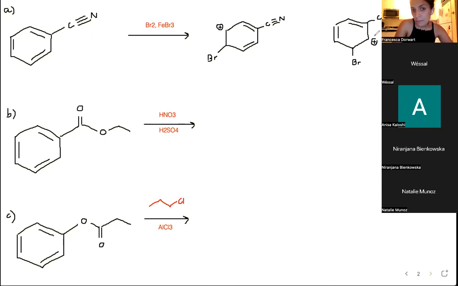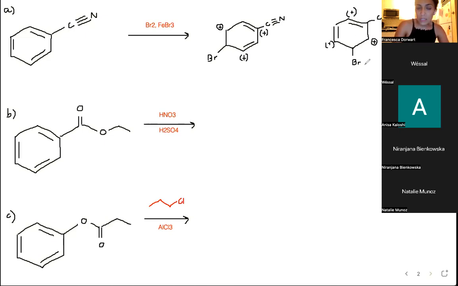And then I have to say, well, this isn't the only resonance structure I have. I know that the positive moves around the ring. So for my para addition, my positive can also be here or here. For my meta, my positive can be here or here.